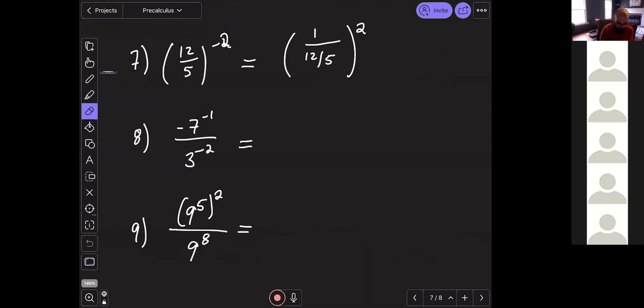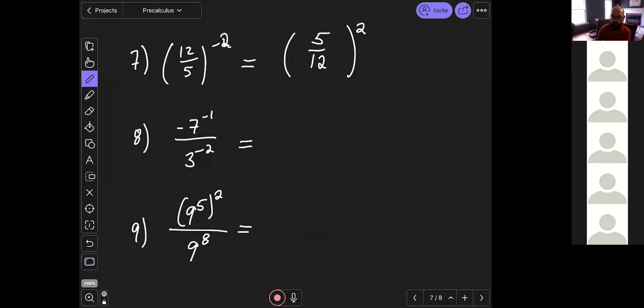Instead, we could think about that negative being the reciprocal, and you could just take this straight to 5 over 12. So that's a good way to think about it. If that makes sense to you as, hey, the negative means reciprocal, that's a great way to think about it.